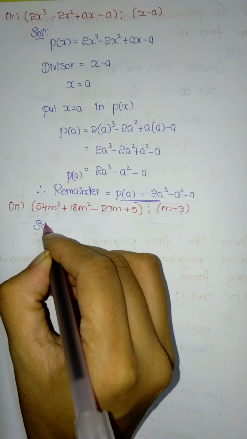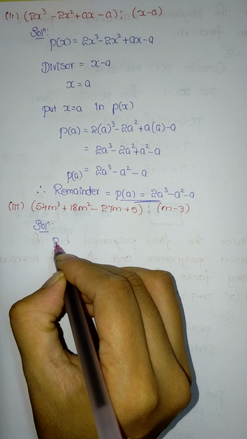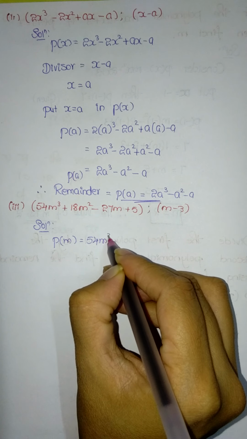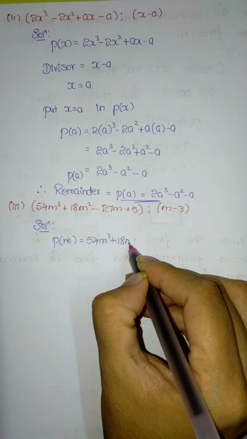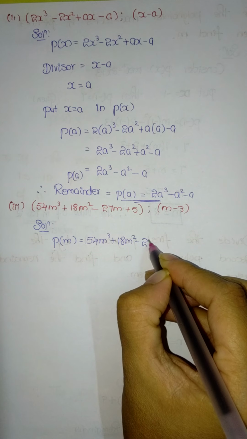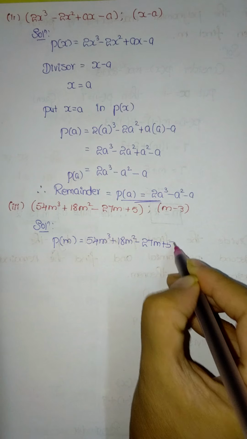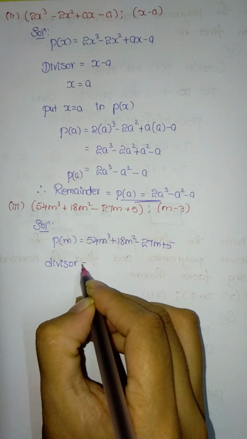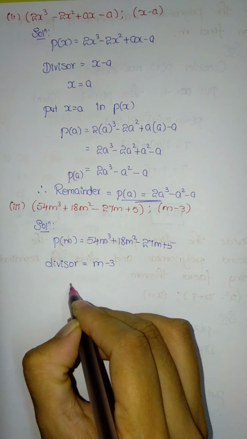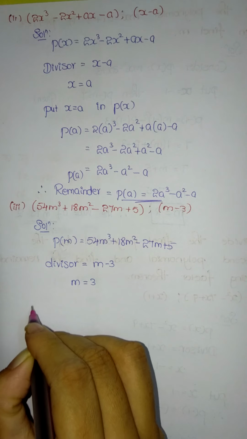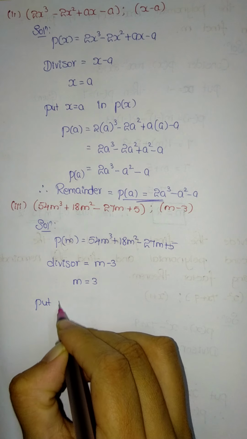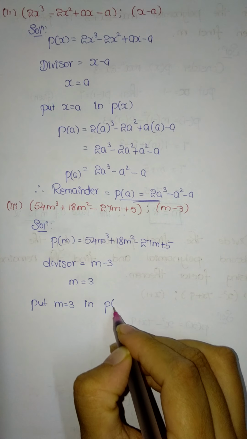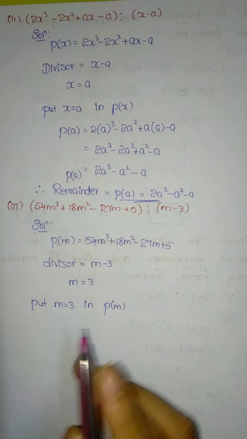So here solution, p of m is equal to 54m cube plus 18m square minus 27m plus 5, and the divisor equal to m minus 3. So put m is equal to 3 in p of m. So in the place of m we have to put 3.